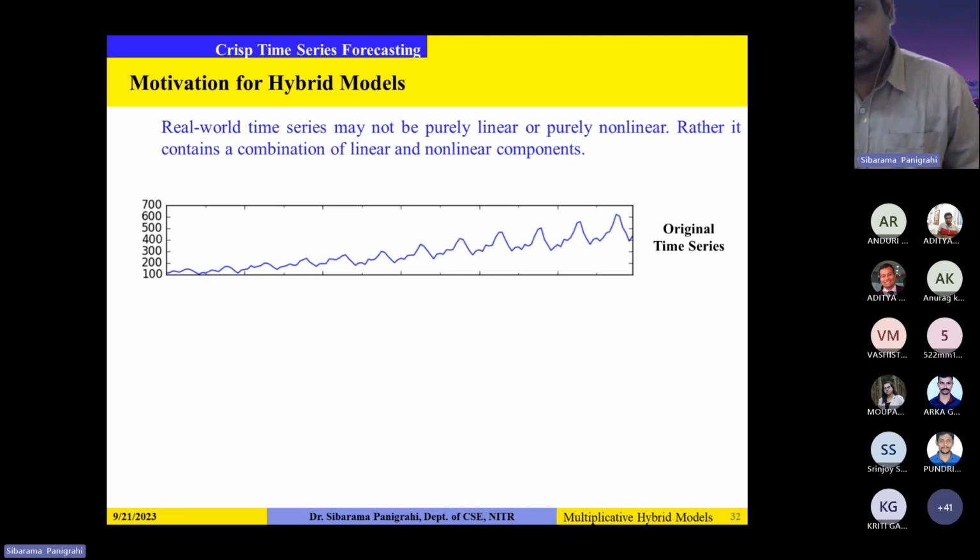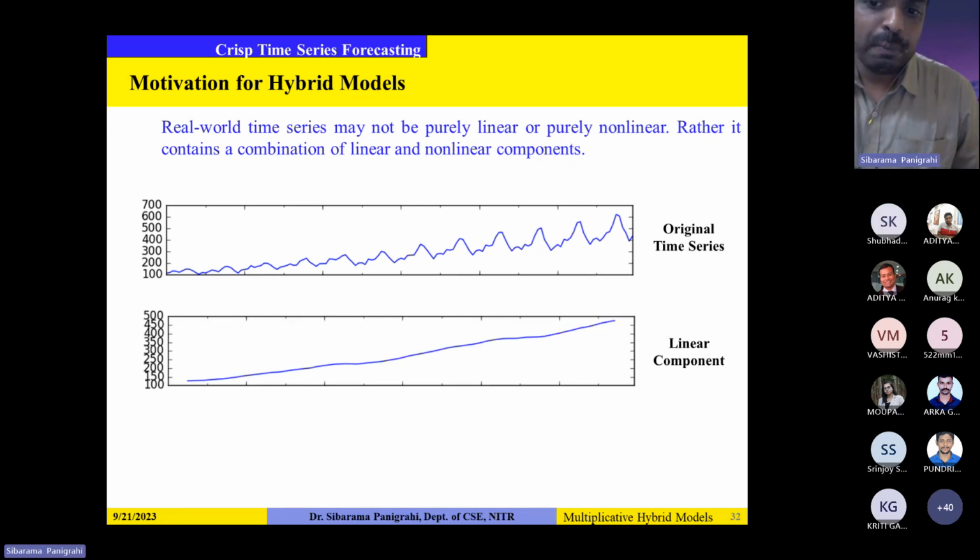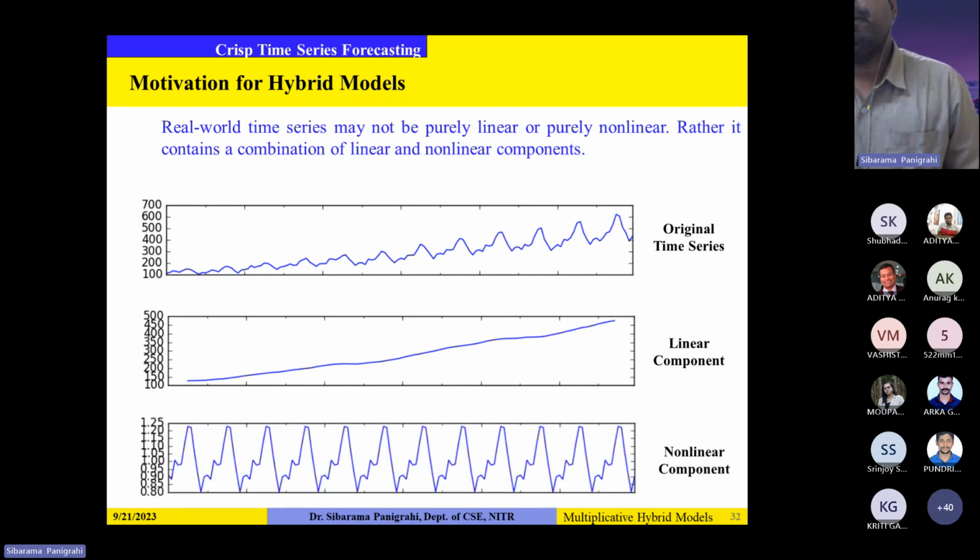You see, suppose I am having a time series. So this is the airline passenger time series. You see, it has two components. One is the linear component, that is the increasing trend, and another one is a nonlinear component. So linear models are more suitable for modeling linear time series, whereas nonlinear models are more appropriate for modeling nonlinear time series.